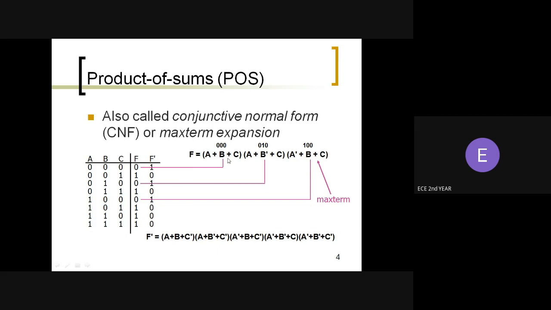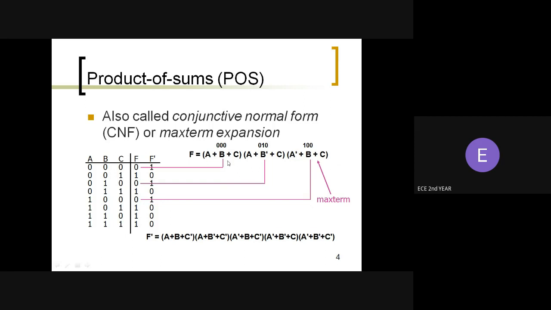And what are the terms that are present here? We will have zero output. That is the reverse case. In case of SOP, we have high output here, and for the terms that are present in POS, we will have zero outputs. That you have to remember.